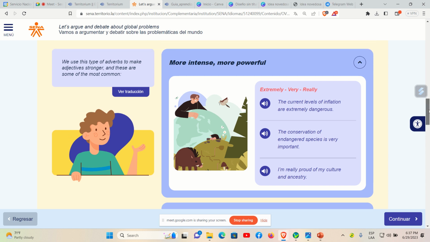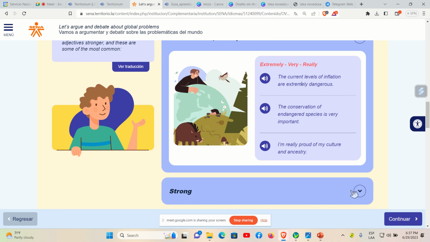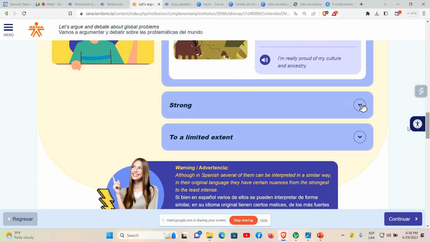For instance, we said the current levels of inflation are extremely dangerous, extremadamente peligrosos. The conservation of endangered species is very important. I'm really proud of my culture and ancestry.